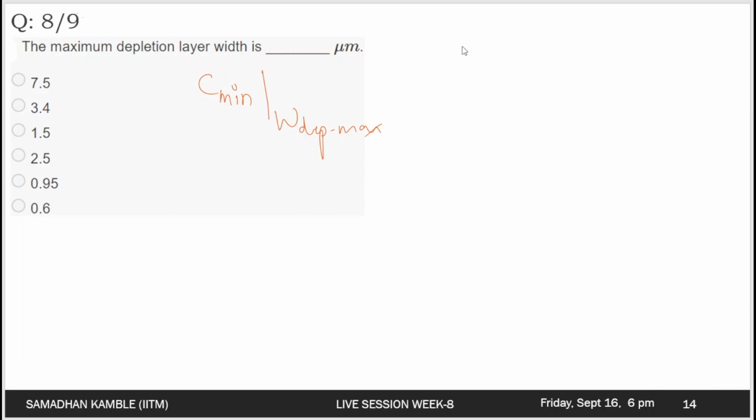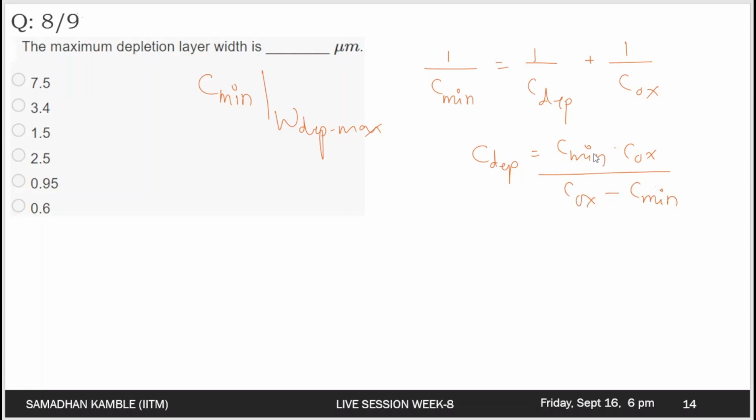So we need to find out the maximum depletion width. Okay, so one relation we know, that 1 over C min is the function of the depletion capacitance, that is 1 over C dep, plus the oxide capacitance, that is 1 over C ox. So if you just solve for C depletion, we'll get C min times C ox divided by C ox minus C min.